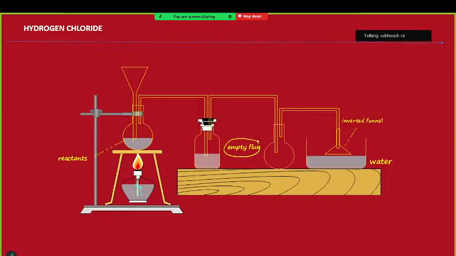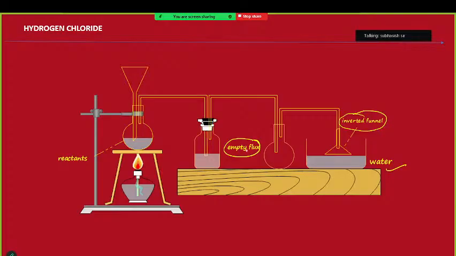flask. This is the empty flask, and after that it is dissolved in water by using some inverted funnel. So actually this type of process is required for the dissolution of HCl only because HCl is highly soluble. So some back suction is formed.